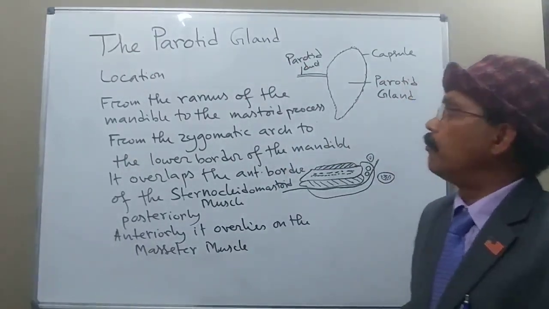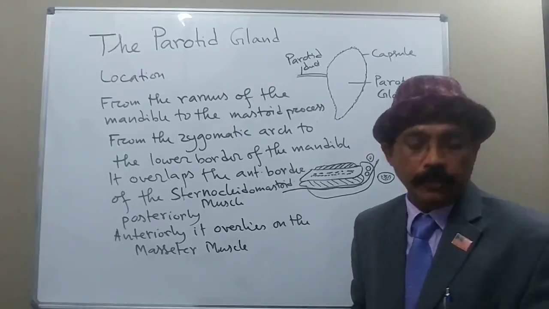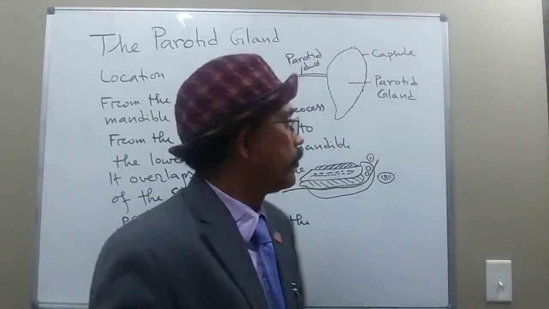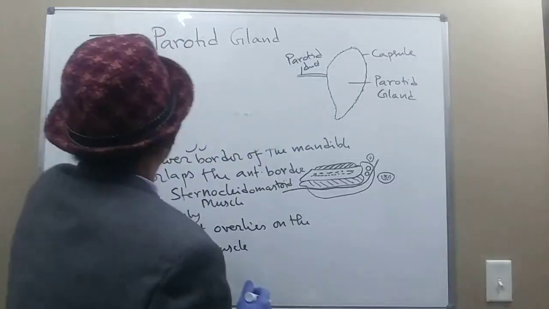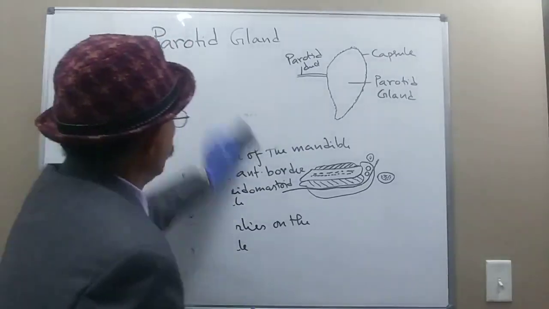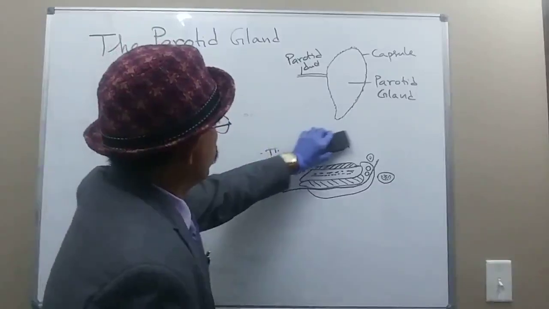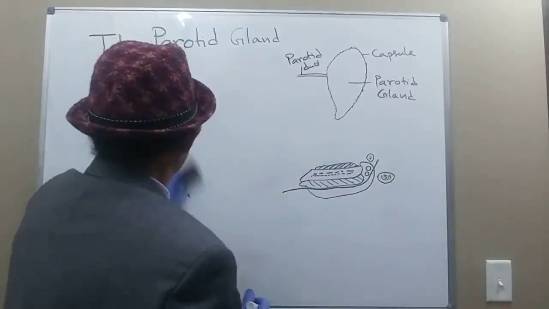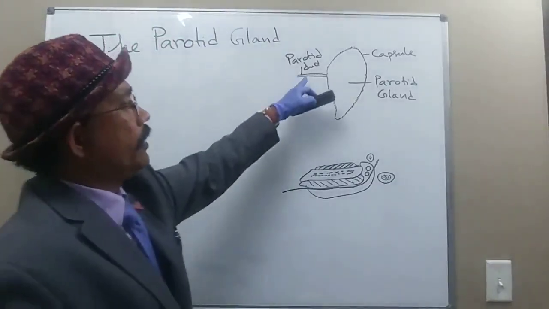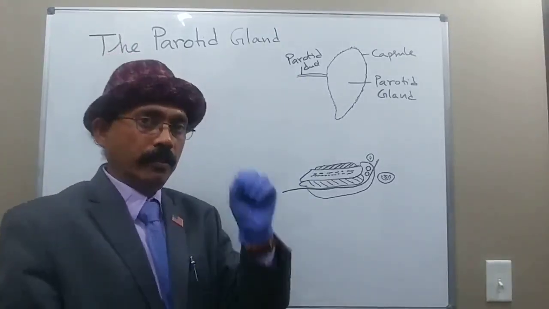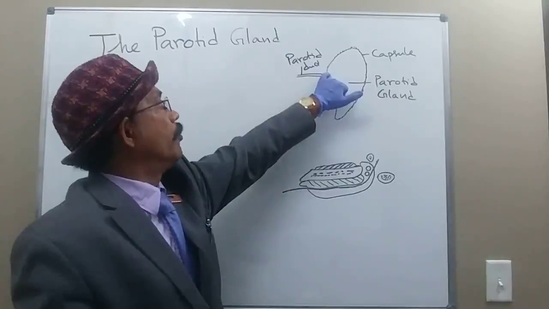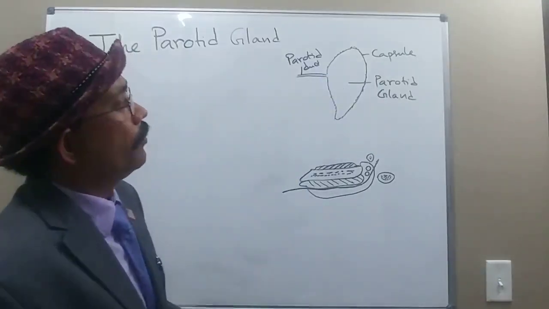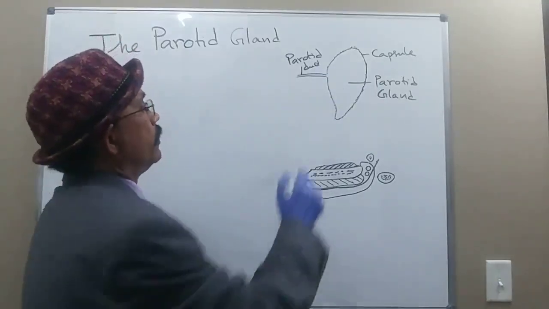So we got the location of the parotid gland. Now we'll discuss the parotid duct, which is very important to us. The parotid duct is a thick duct coming out of the anterior border of the parotid gland.